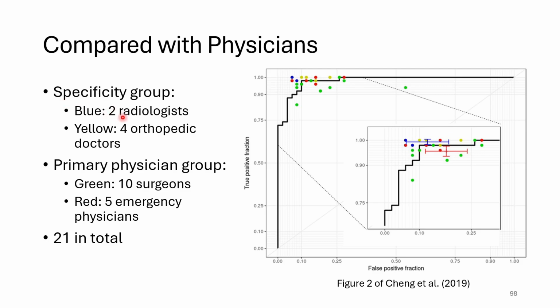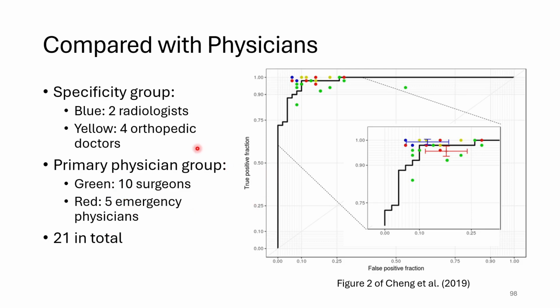It means those doctors are very familiar with X-ray images. So there are 2 radiologists and 4 orthopedic doctors. And then another group is the primary physician group. So there are 10 surgeons and 5 emergency physicians.